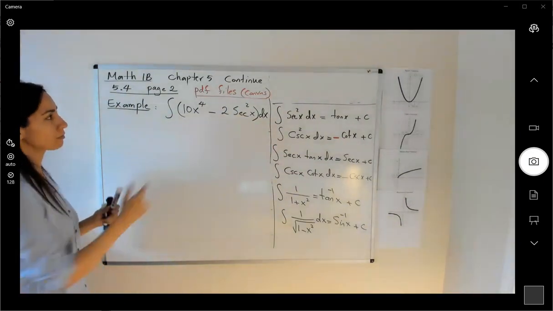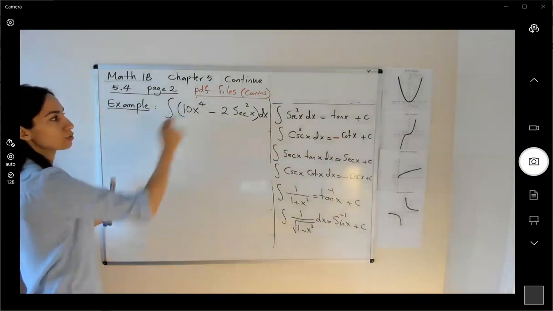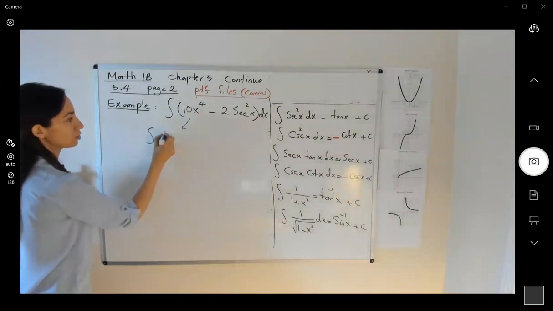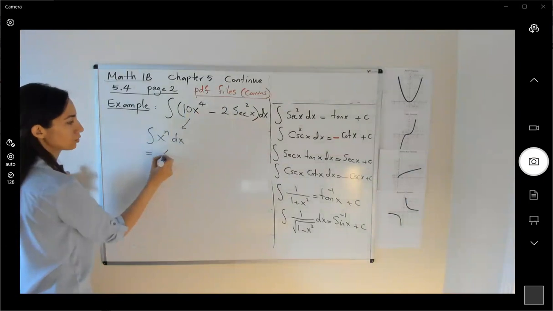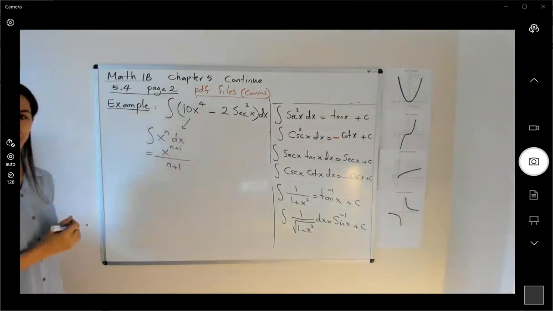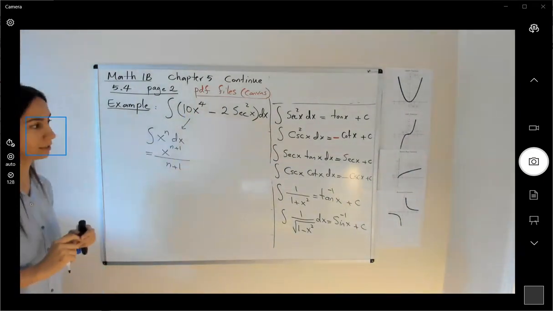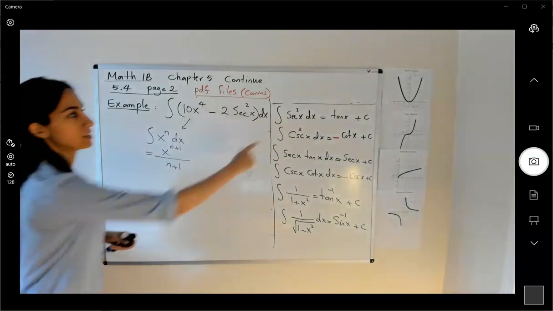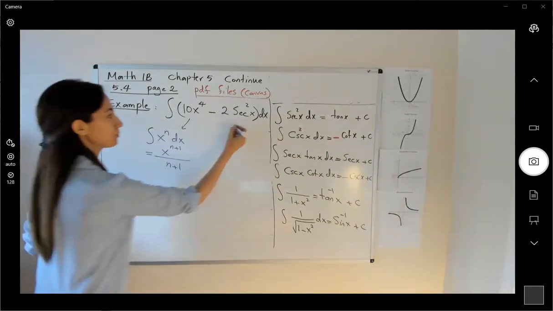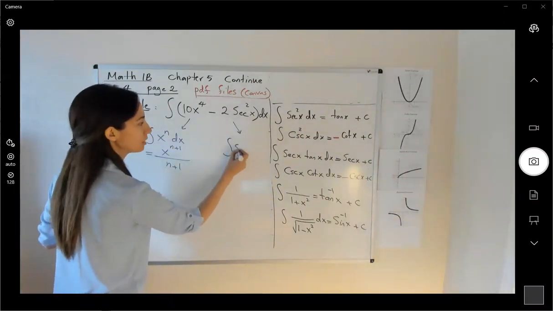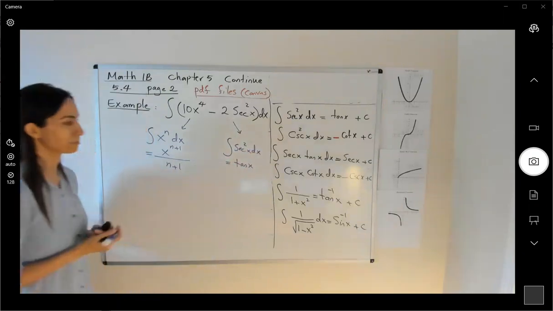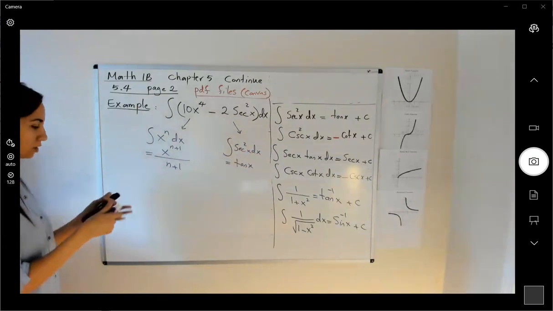First of all, I have 10 x to the 4. For this one, I'm going to use the integral of x to the n dx, which is equal to x to n plus 1 divided by n plus 1. For the second part, I already know that if I have secant squared, the integral is equal to tangent. I'm going to use this formula. Secant squared is tangent x. Very good. So let us start.